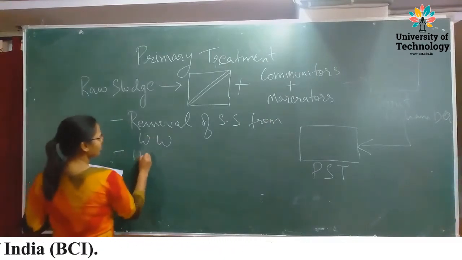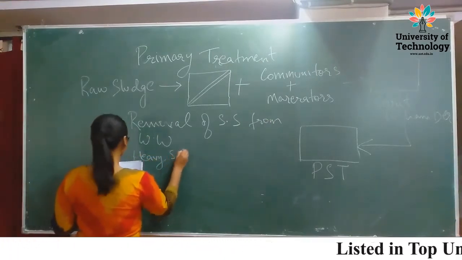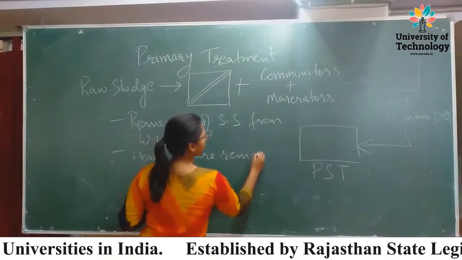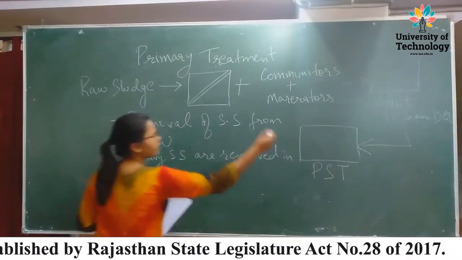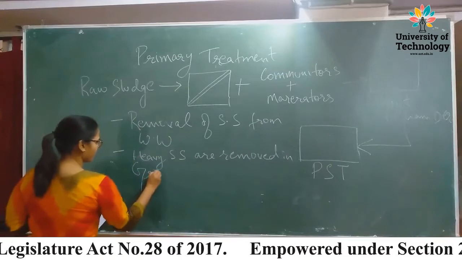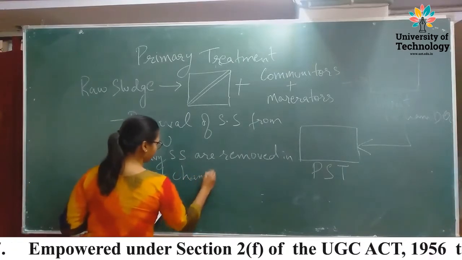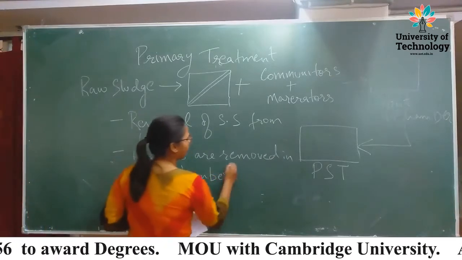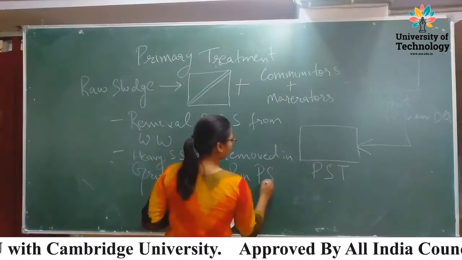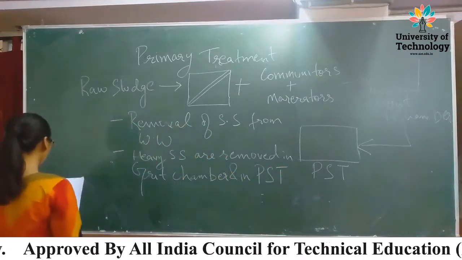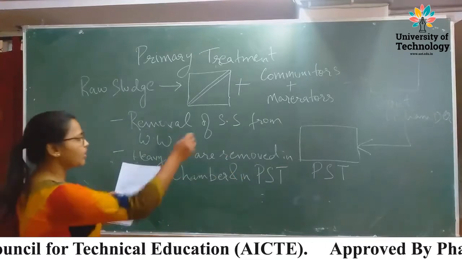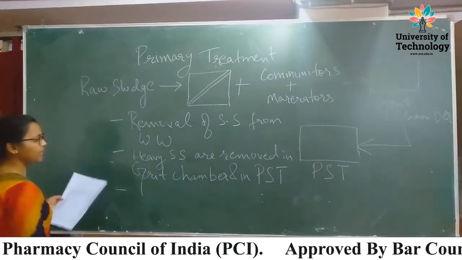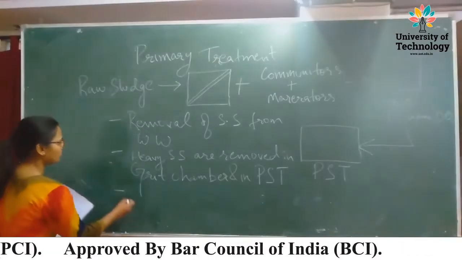Heavy suspended solids are removed in the grit chamber and in PST, the primary sedimentation tank. The grit chamber basically removes inorganic suspended solids, and PST removes organic suspended solids.